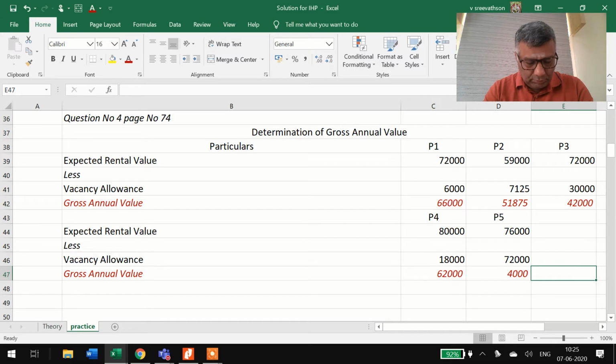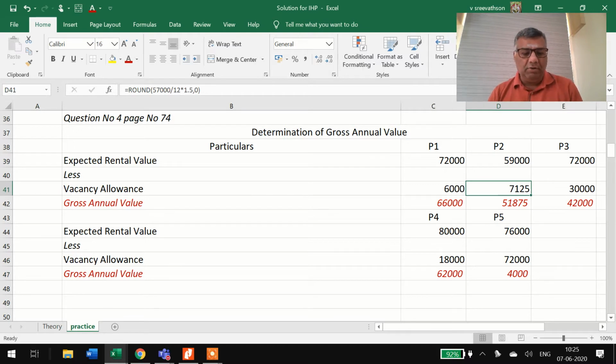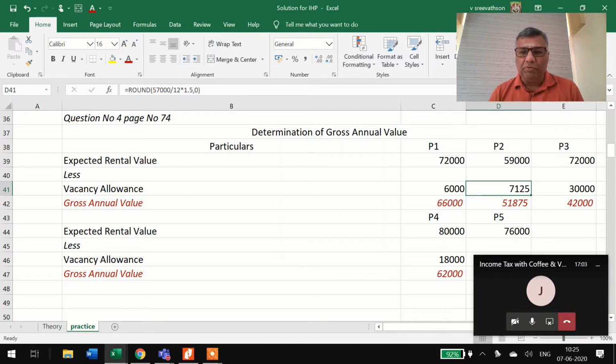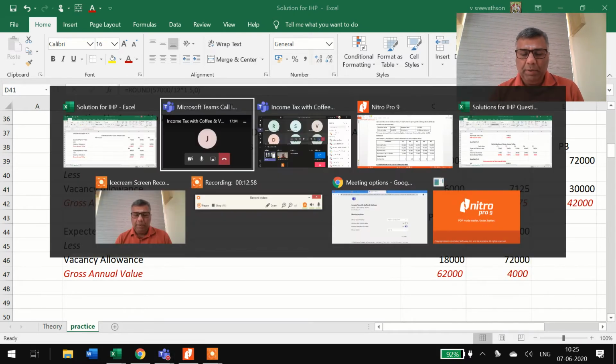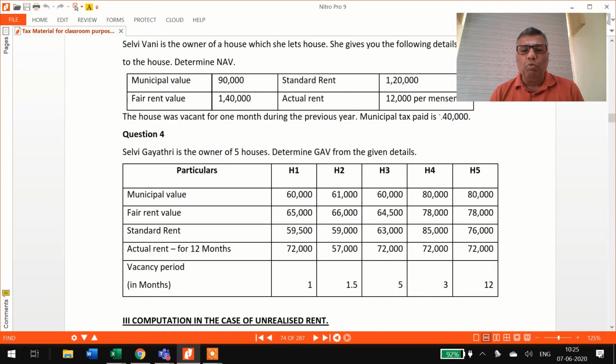So, vacancy allowance for P2. P2 is vacant for 1.5 months, I believe. 57,000 is for 12 months.